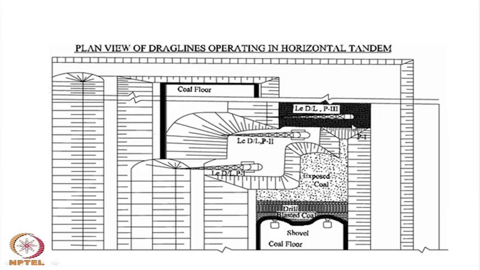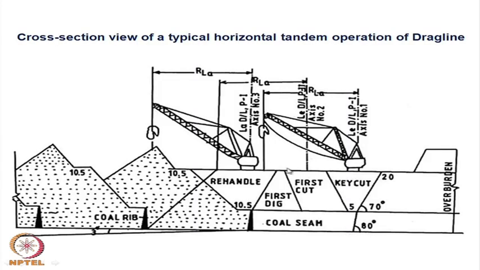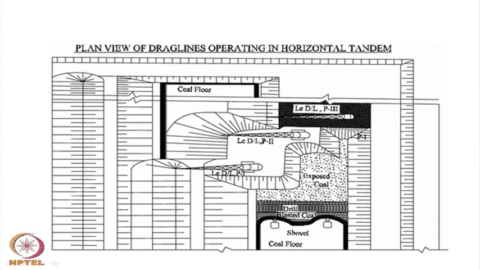Then after giving this key cut, you can see it has formed this wall and then it has gone over here. As you can see here, this has moved there to give the first cut. So, that means this is the portion which is giving the first cut, is cutting. Then what happens? This key cut material is spoiled and kept over here.